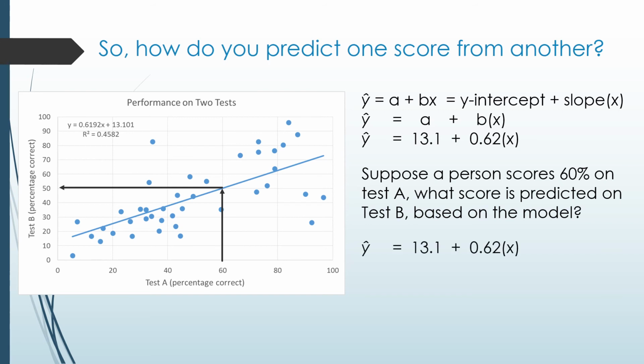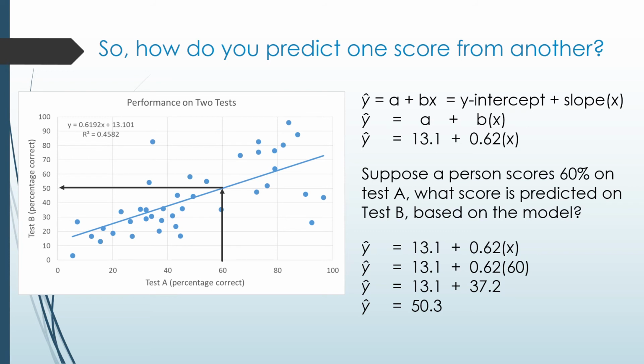So here's our equation with the appropriate intercept and slope inserted into the equation. Then we're going to take 60, which is our x value, and plug it into that equation for x, and then go ahead and crunch the numbers, and we should come up with 50.3.